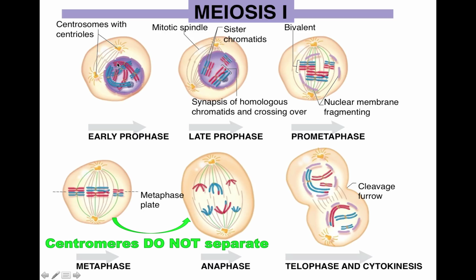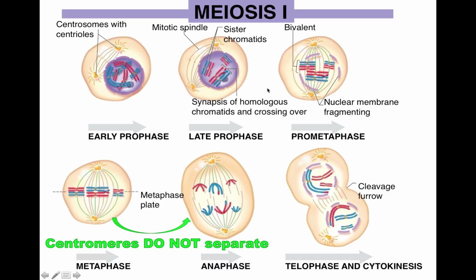It has 2 copies of each chromosome, and each chromosome has 2 sister chromatids. But the next thing that happens is not the same as mitosis. It's quite different. What happens is that the homologous chromosomes line up and you exchange some genetic material.